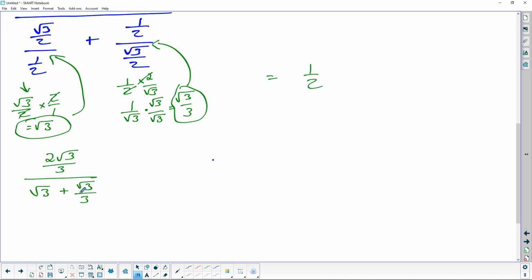Now we have to add these. I'm going to use a different color to add those ones. How do you add fractions? Well, root 3 over 1. We have to do a common denominator.